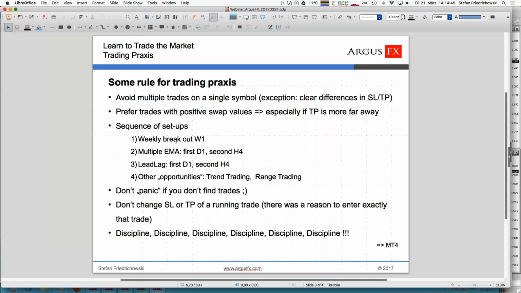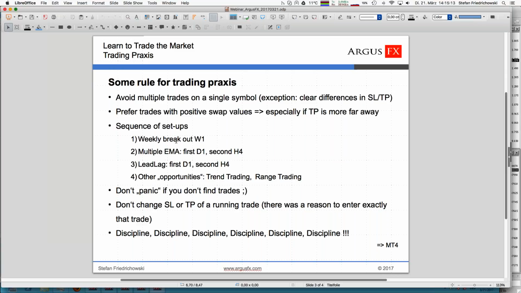Those trades are normally running a longer time. If they don't hit the stop loss in a short period, then they might run maybe a week, 2 or 3 weeks. So therefore, those come first, at least when I go through the list of setups.